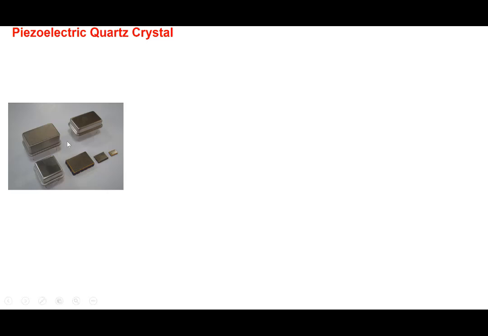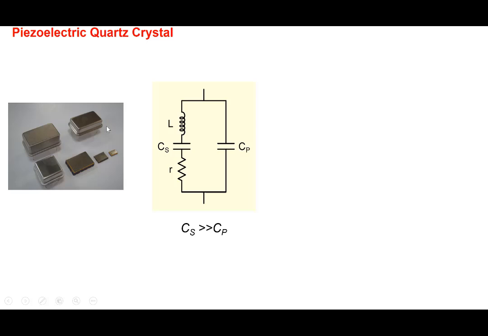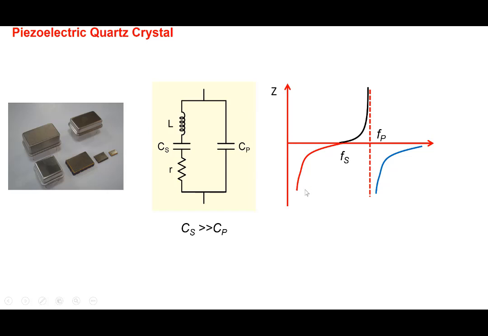And the interesting thing about quartz is that you can model it with this kind of an LCR circuit. The equivalent circuit of a quartz crystal with electrodes on two sides is a series LCR, with a parallel capacitance also. If we plot the impedance, it acts like a capacitor at first.